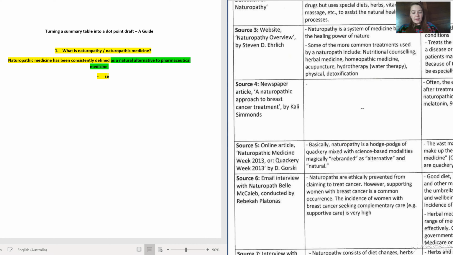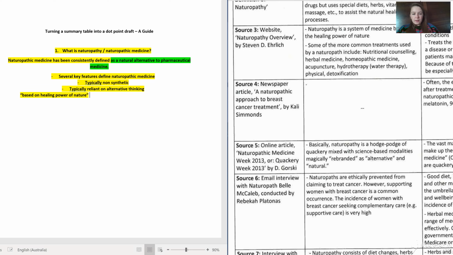So I would be saying several key features define naturopathic medicine, typically non-synthetic, typically reliant on alternative thinking. Then I could actually put in a quote where it says, based on healing power of nature.